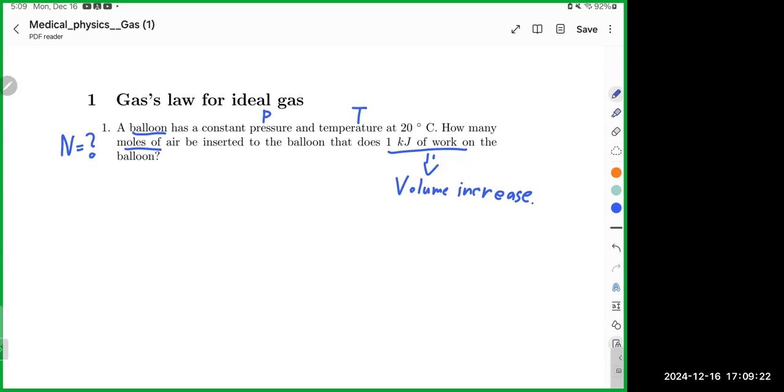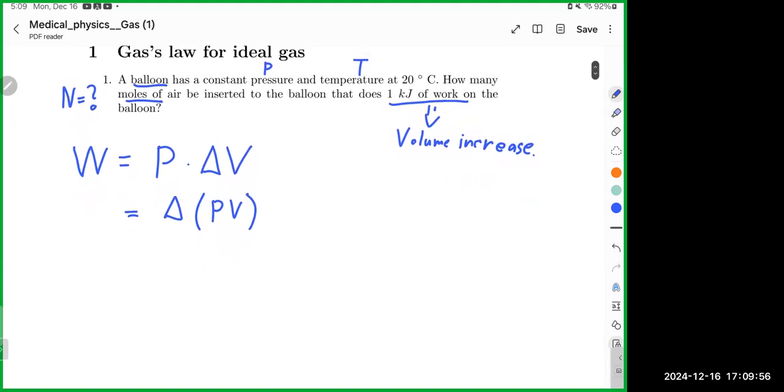If you would like to find the work that represents the balloon increasing volume, by the definition, work is P multiplied by delta V, right? And we all know that P delta V must be equal to delta PV.